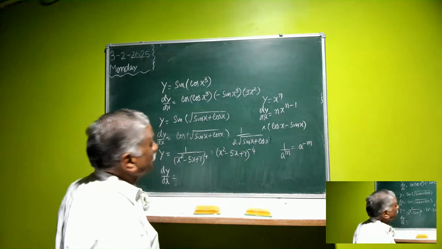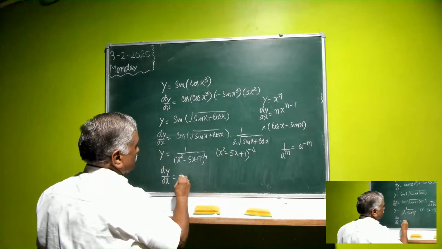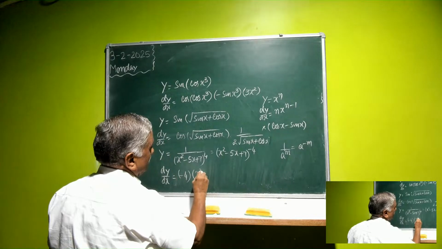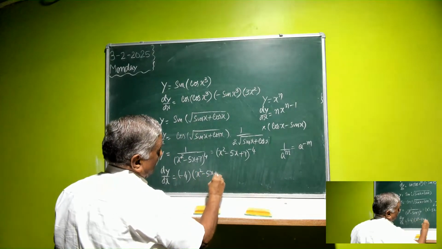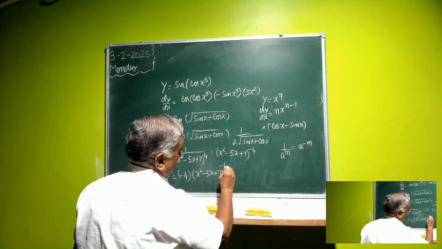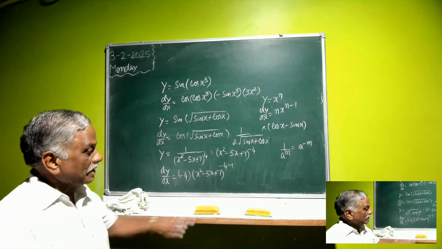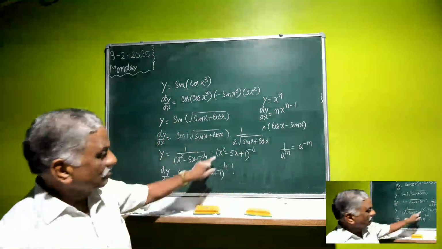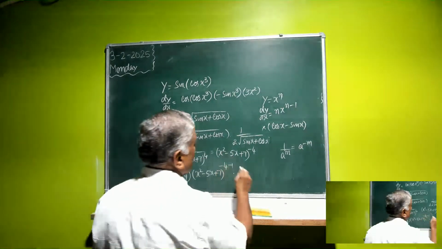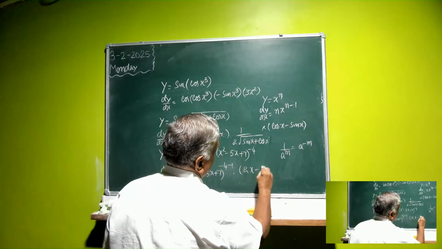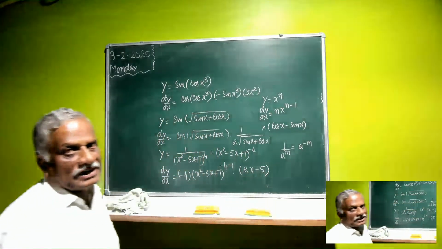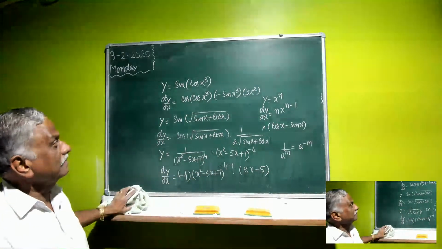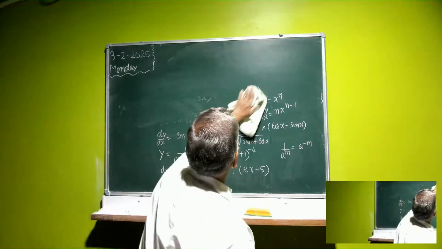So this is negative, n is minus 4, x is nothing but x square minus 5x plus 7 to the power of n minus 1. N is minus 4 minus 1. The problem is not good. You have to simplify this, rather differentiate this. 2x minus 5. You can leave it like this, or you can write this as power 5. Minus 4 and minus 1 is minus 5.